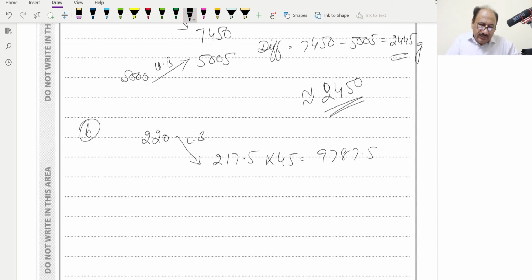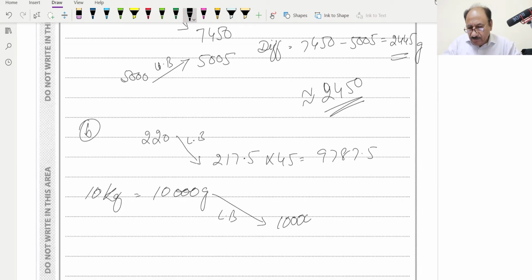9787.5, and 10 kg will be the requirement. 10 kg is equal to 10,000 grams, and the lower bound of 10,000 grams will be what? It will be 10,000 minus 100. Why 100?